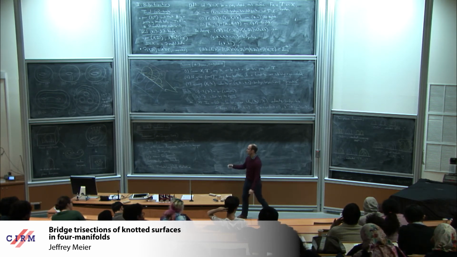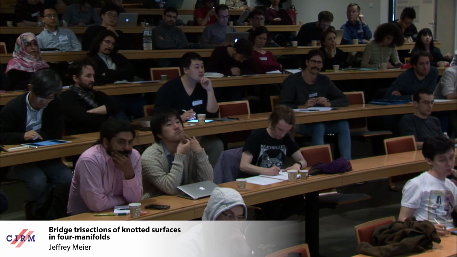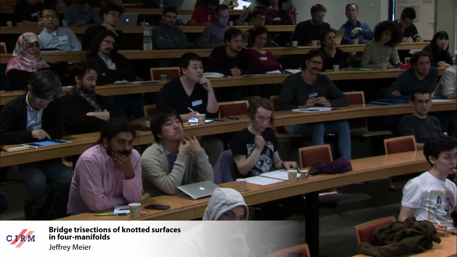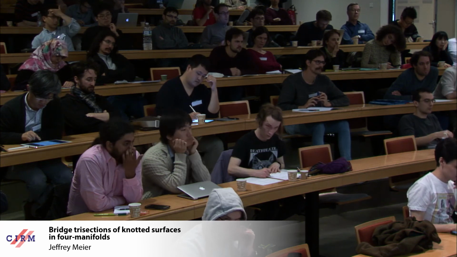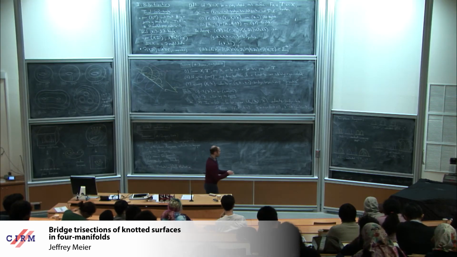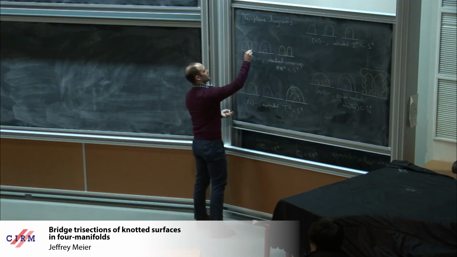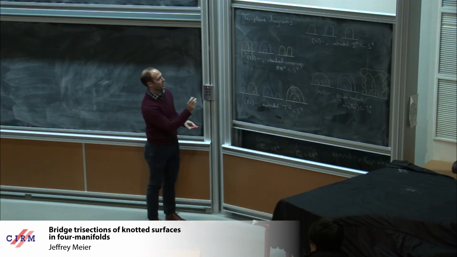So what are these moves I was saying? Interior Reidemeister is pretty obvious. These are just diagrams, so I can move the strands around in the diagram using Reidemeister moves where I'm fixing the boundary. Bridge sphere braiding is a little bit more interesting. The permitted move looks something like this. I could undo this crossing here if I wanted by applying a braid transposition on the second braid generator.